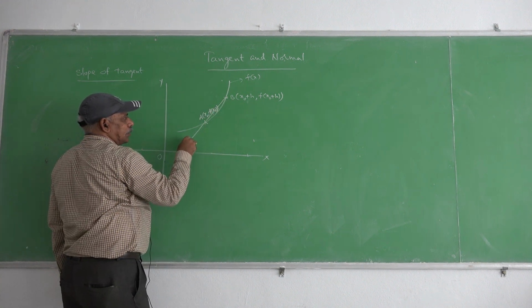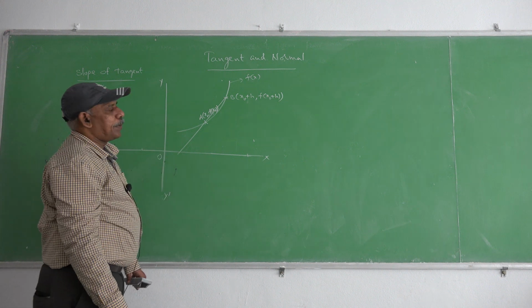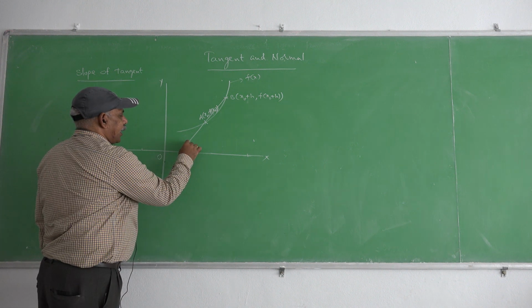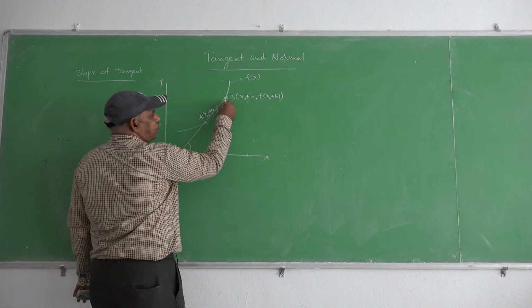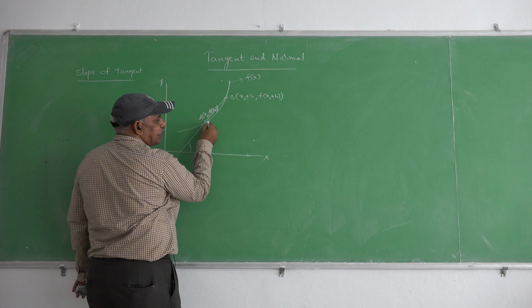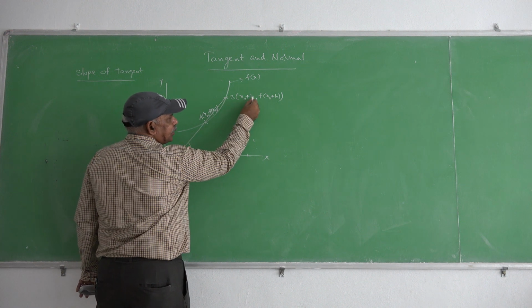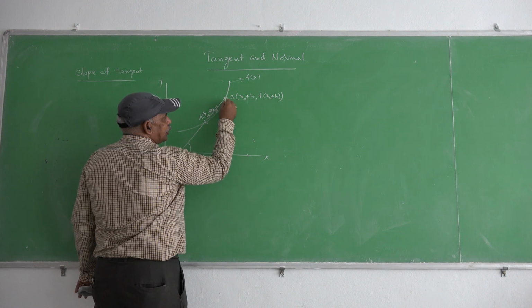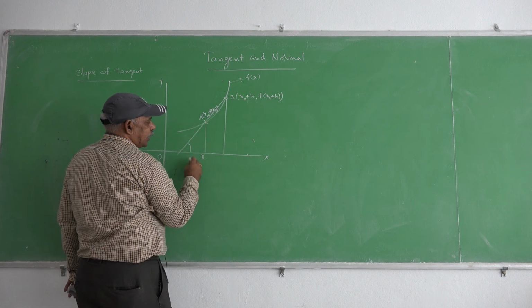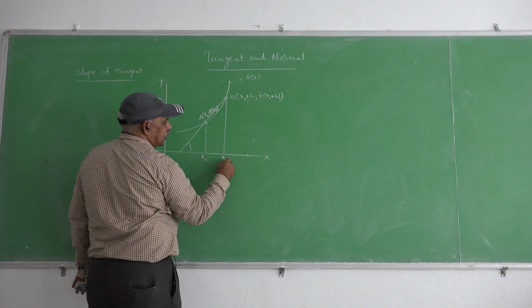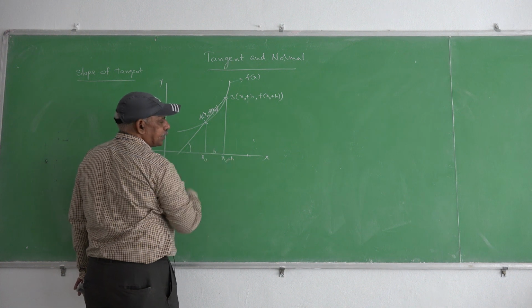Let us join AB, which makes a certain angle with the x-axis. Now, as B is moves towards A, that means h goes to 0. Once you consider these vertical lines, this is x naught, this is x naught plus h, hence this is h.